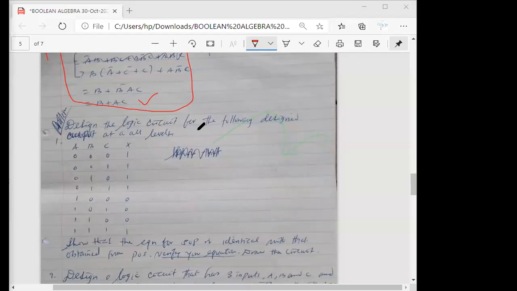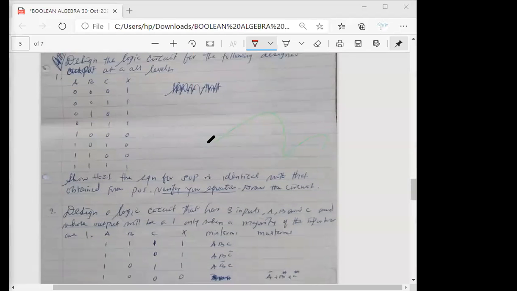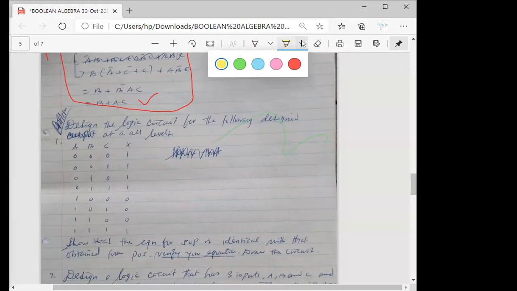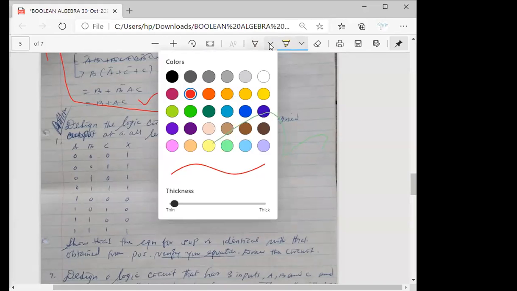These are how the questions are put. Design the logic circuit for the following designed output at all levels. So already you are given the output here. You're supposed to design the circuit.